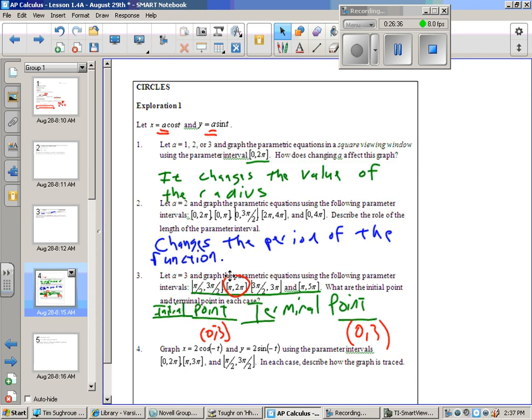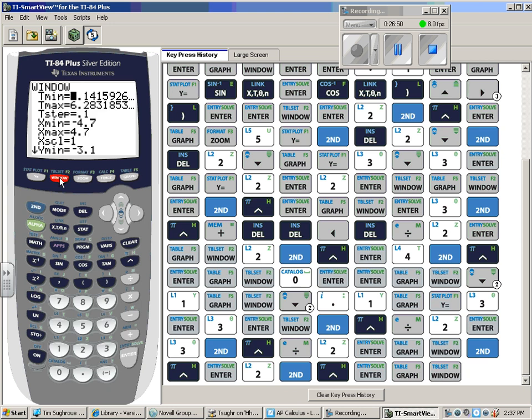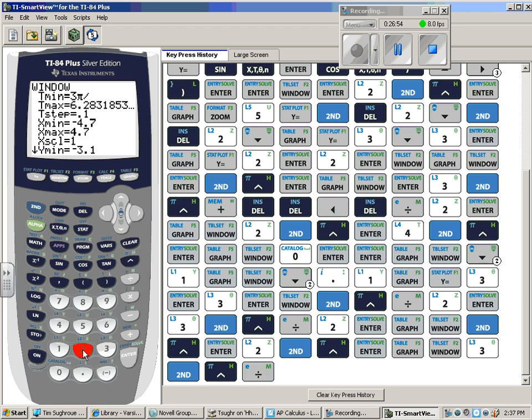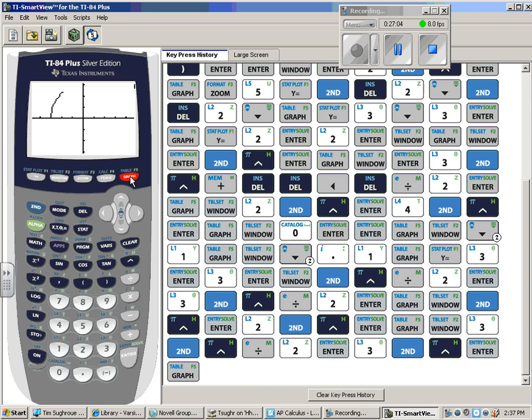Let's check the third and the fourth one just to see if it continues to change these starting and ending points. So the third one was 3 pi over 2 to 3 pi. So going back to our window, we have 3 pi divided by 2, and then we have 3 pi. If we graph this, here it is.